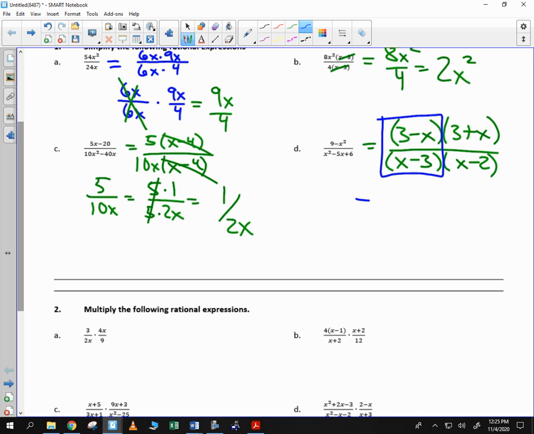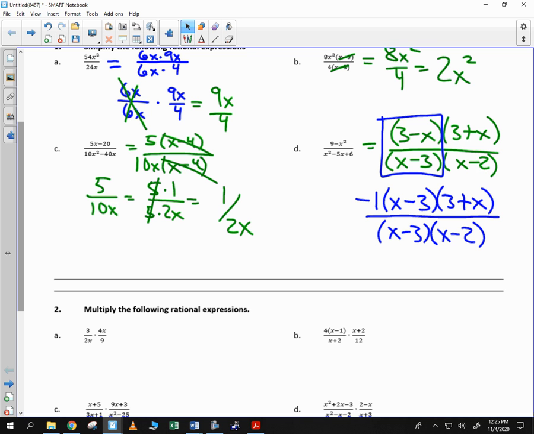If you factor a negative 1 out of the 3 minus x, notice the x becomes positive and the 3 becomes negative. Now they're the same after I factor that negative 1 out, and you can see the cancellation. So my final result, if you want to distribute that negative 1 through, you can. It'd be negative 3 minus x over x minus 2. That would be one way of writing it.